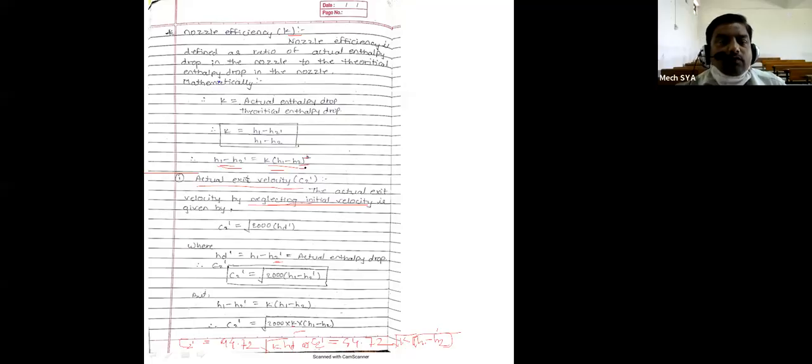And again, if you want to calculate the actual exit velocity, neglecting the initial velocity, it is given by C2 dash. Same as before, C1 squared we consider as 0. Therefore, C2 dash is equal to the square root of 2000 into the actual enthalpy drop HD dash, where HD dash is H1 minus H2 dash.